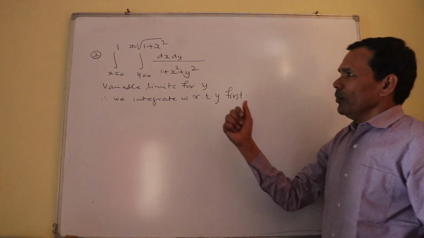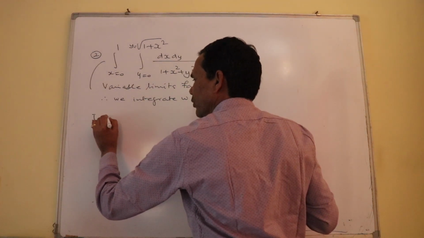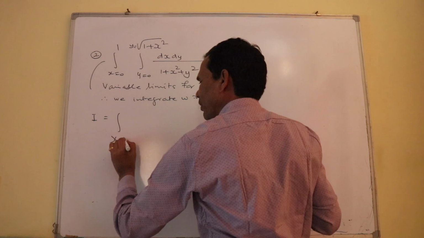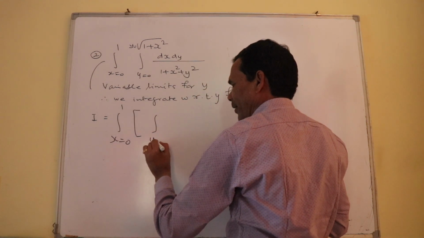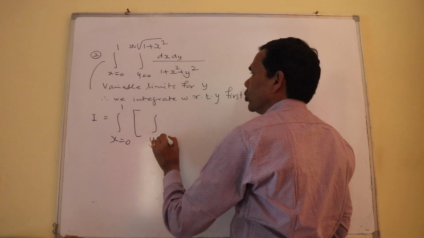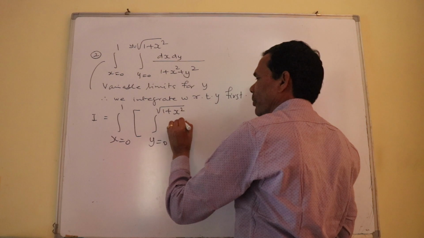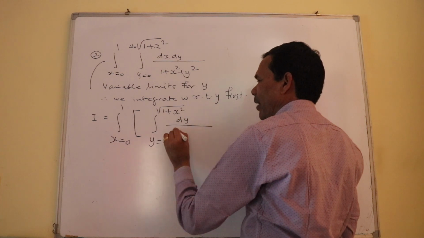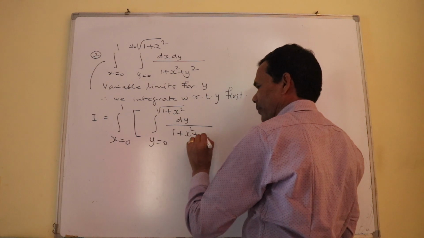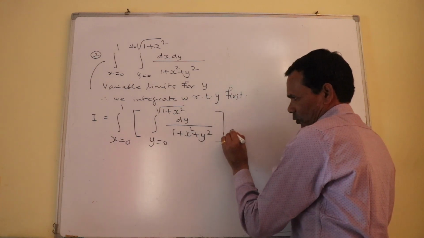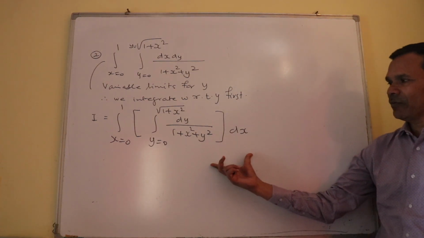So we write this in the form: let I be the integral. We put it in variable separable form, x from 0 to 1. With respect to y, the inner bracket 0 to root of 1 plus x square, dy divided by 1 plus x square plus y square, and then with respect to x. So this is called variable separable form.